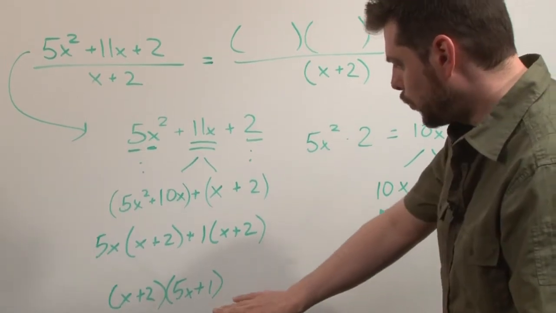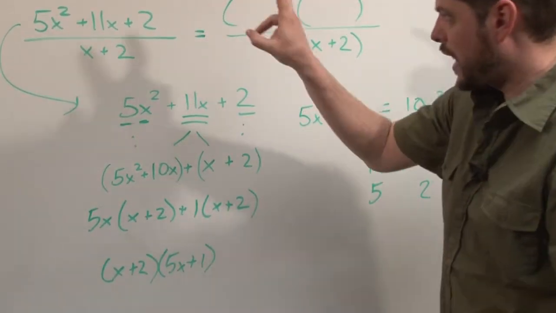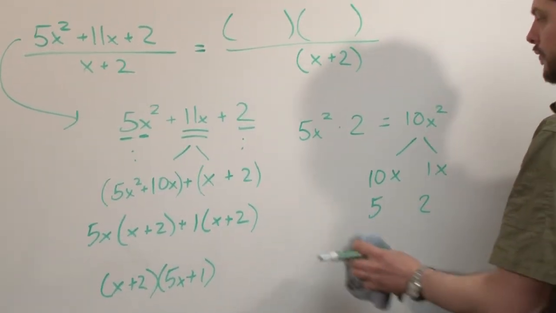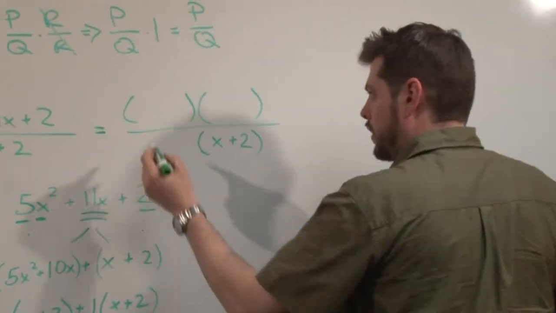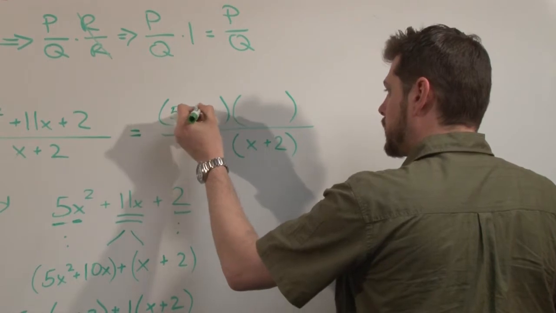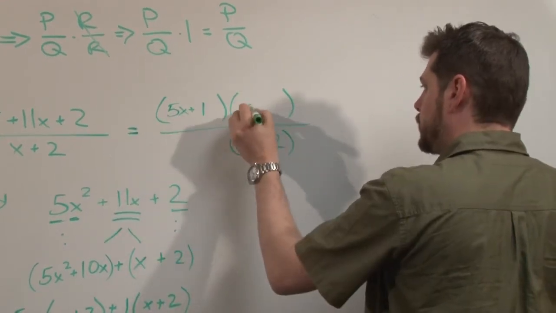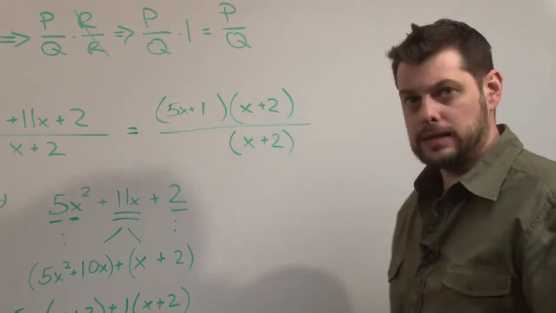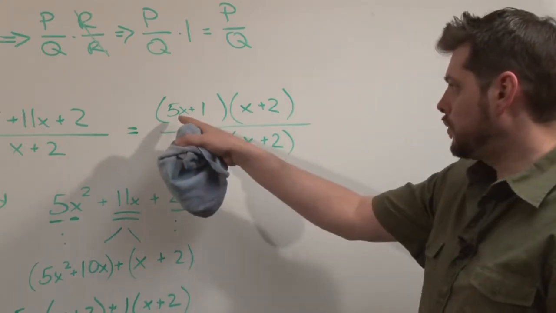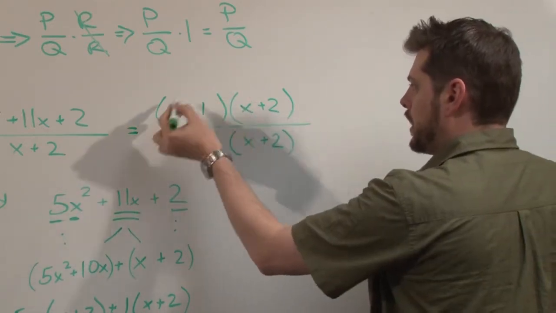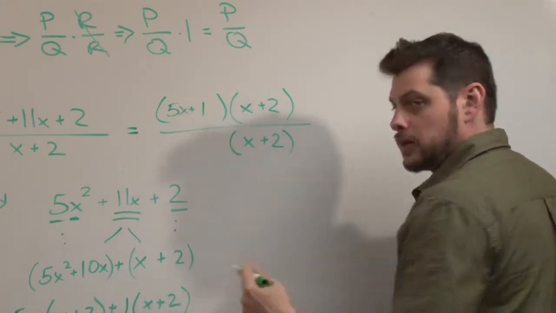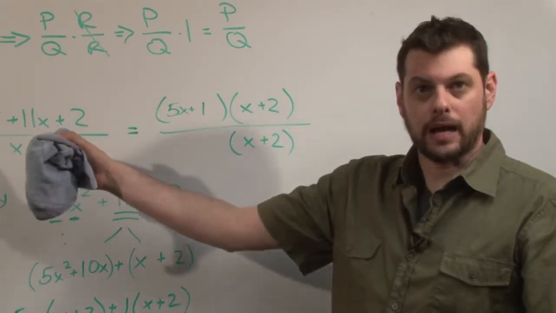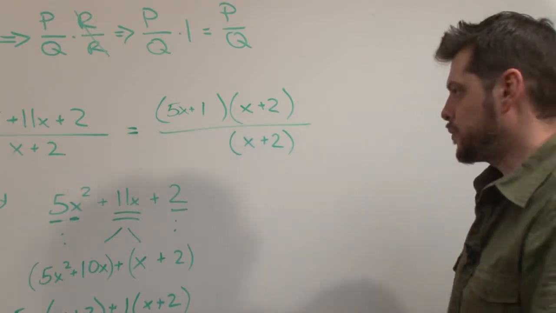So now that we've factored 5x squared plus 11x plus 2, we can rewrite this as the product of 5x plus 1 times x plus 2. And if you wanted to check your work, all you would have to do is distribute 5x into x, 5x into 2, 1 into x, and 1 into 2. Combine like terms, and you will get back to 5x squared plus 11x plus 2.